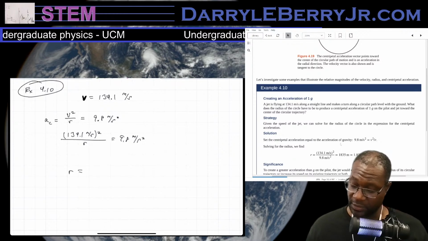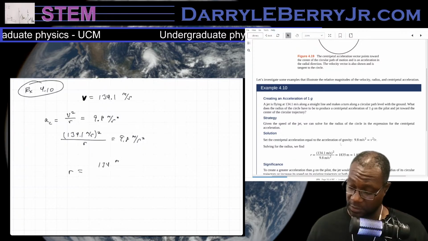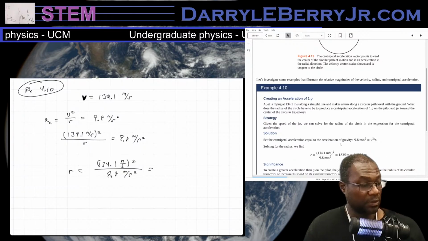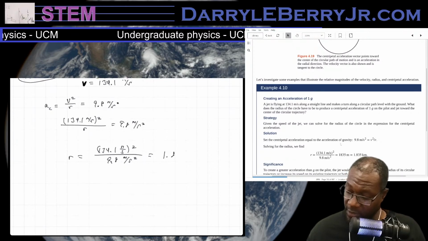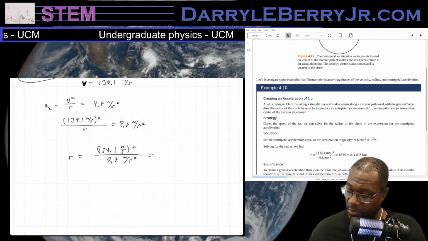So the radius equals 134.1 meters per second, squared, over 9.8 meters per second squared. And that equals 1.835 kilometers.